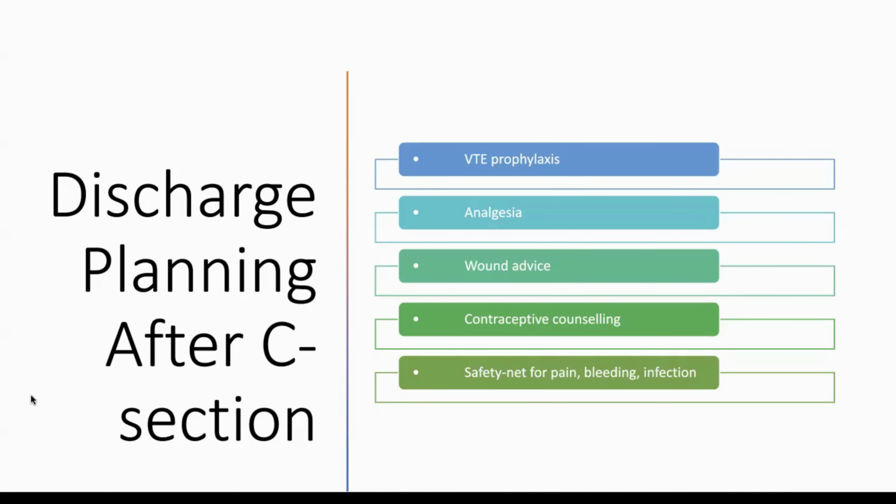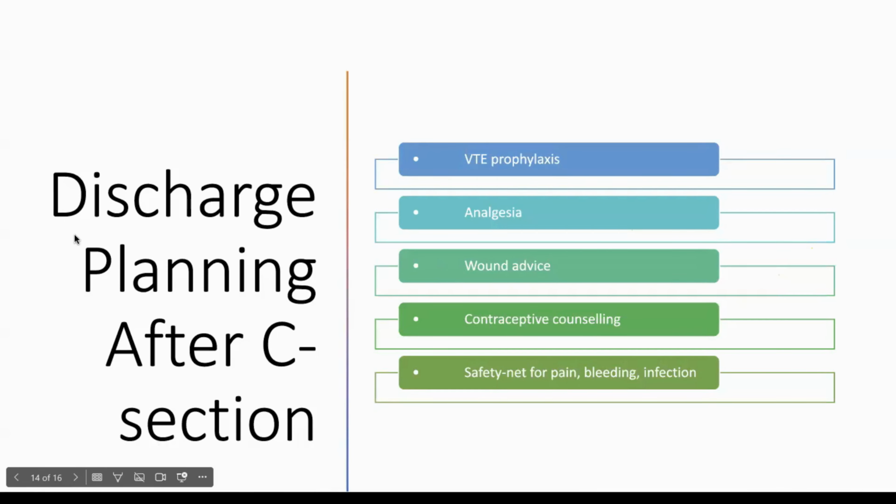But the cesarean women are most probably going to need some VTE prophylaxis because they've already had a section that scored them for one, and if there is a score for anything else, they would need at least 10 days. Again, it differs from one trust to another, but some women might need 10 days, others might need 6 weeks. By all means, you counsel them and educate them about the VTE prophylaxis.